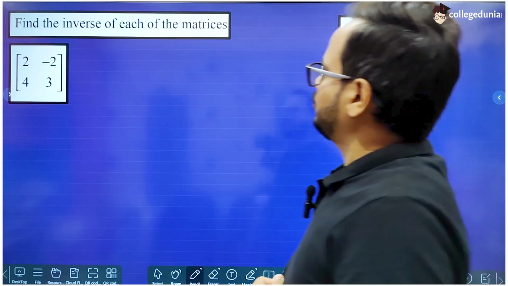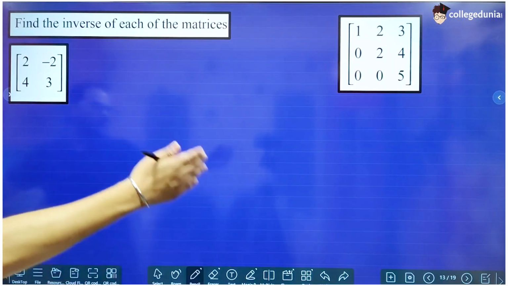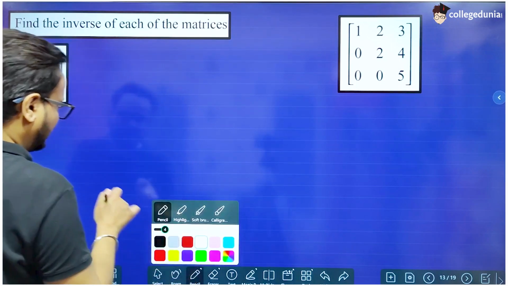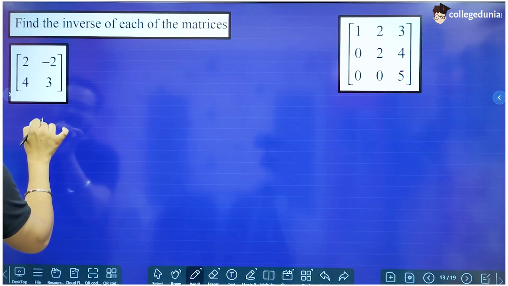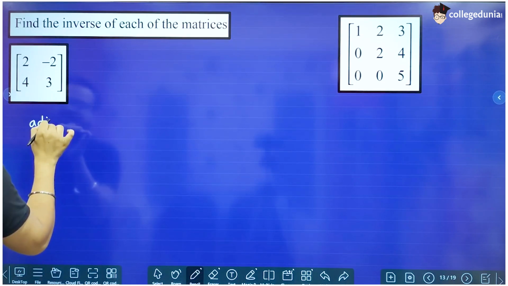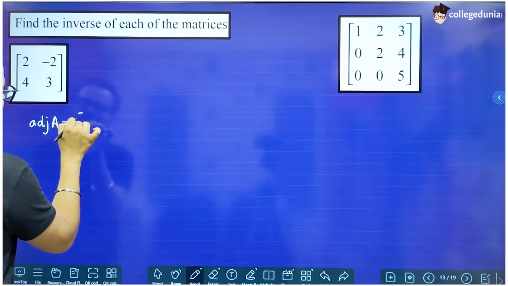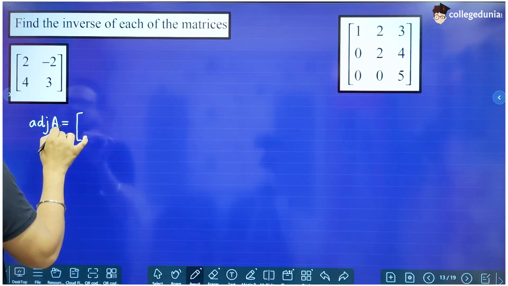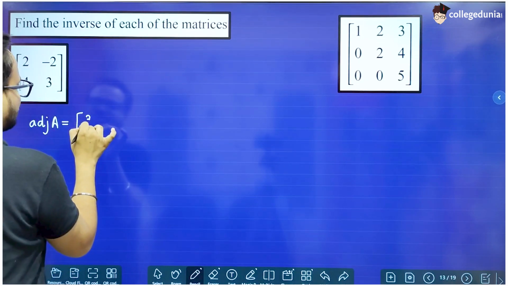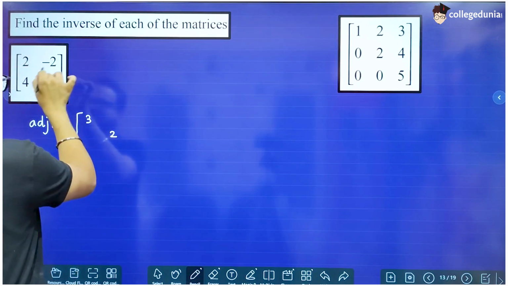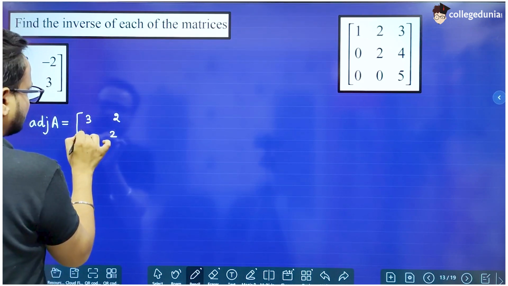Now let's find the inverse of each of the matrices. There is a 2 by 2 matrix and a 3 by 3 matrix. Let's first find the adjoint of, let's call it A. So adjoint A will be found using the shortcut method. Just switch the positions of these two and change the signs of these two.